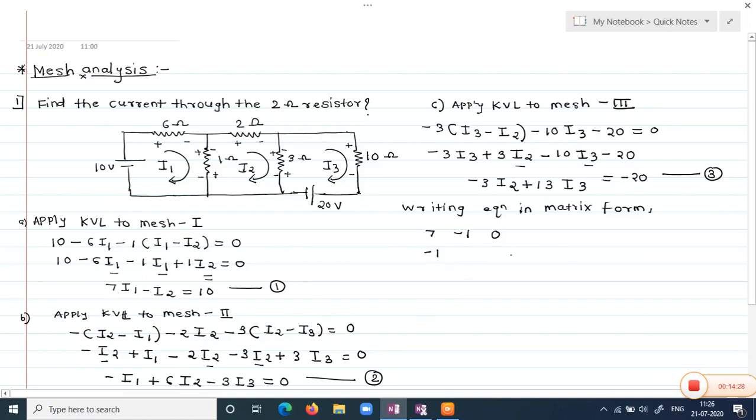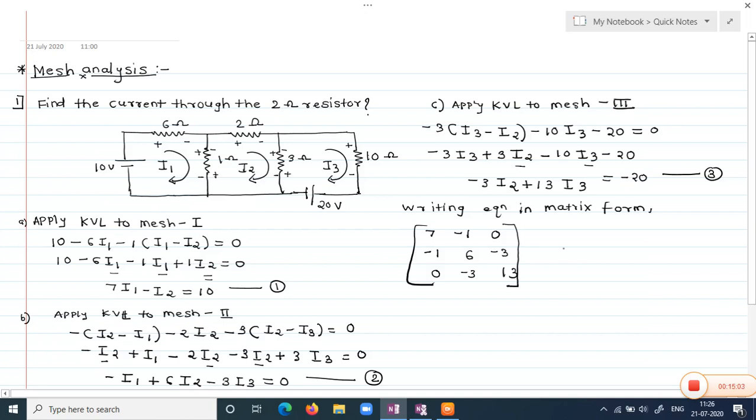Then I2 is 6, I3 is minus 3. Then the third equation: I1 is what? I1 is not present, that you will put as 0. Then I2 is minus 3 and I3 is 13.